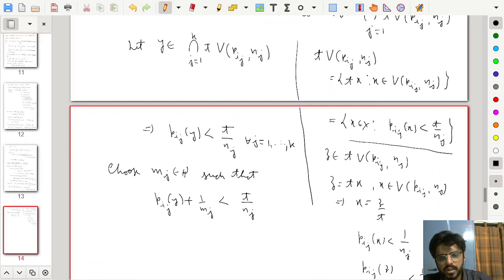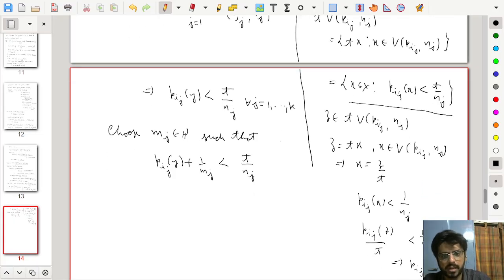I can always choose such an m_j, since I am choosing m_j so large that 1/m_j is so small that p_{i_j}(y) plus 1/m_j is still strictly less than t/n_j. I can always do this by the Archimedean property, right?